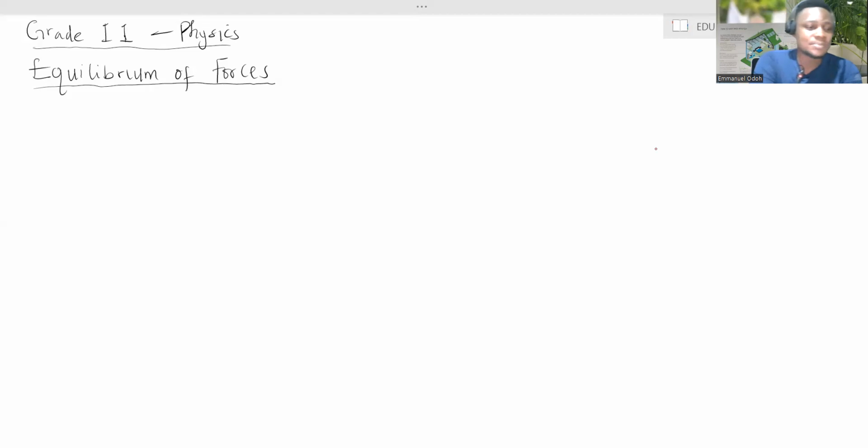It means when we're talking about equilibrium of forces, when forces act, the total force or net force or the resultant force acting on a particular body is such that the net effect is zero, meaning the total force acting on that body has a net force of zero.